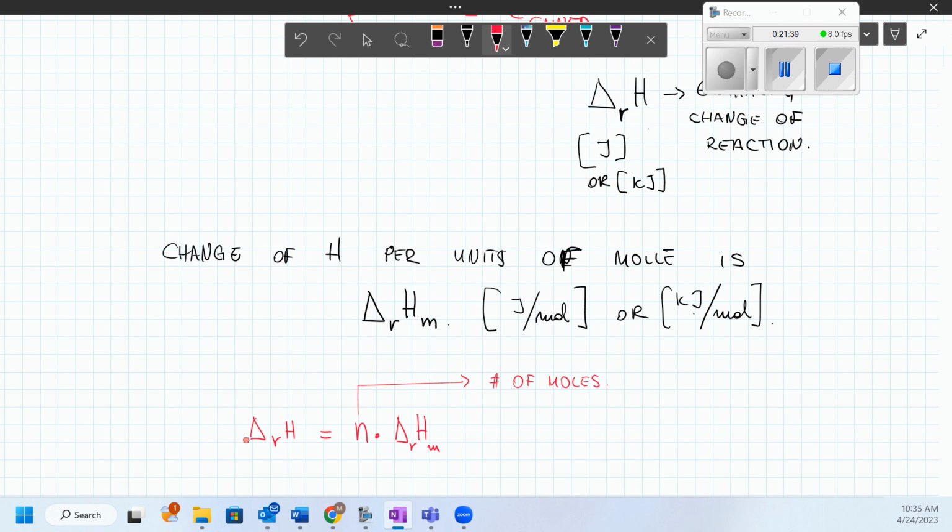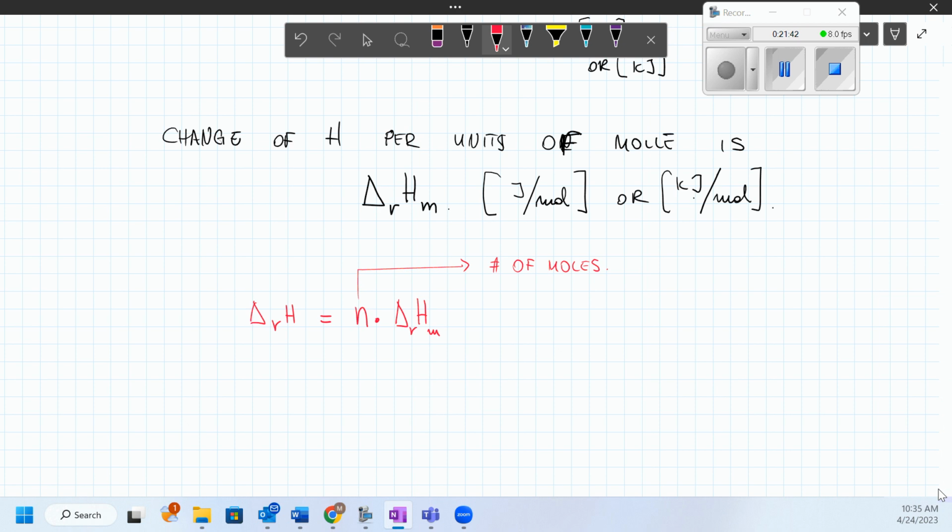Now, putting all of those together, using the fact that calorimetry assumes that the conservation law of energy is true, that the energy absorbed or released from the system is completely transferred to the surrounding, and all the other things that we talked about, then we can say that Q, which is the energy of the surrounding measured as mass, and I will say water here to make the distinction, mc delta T, is equal to the change of enthalpy of the reaction, which in other words is the number of moles times the molar enthalpy of the reaction.